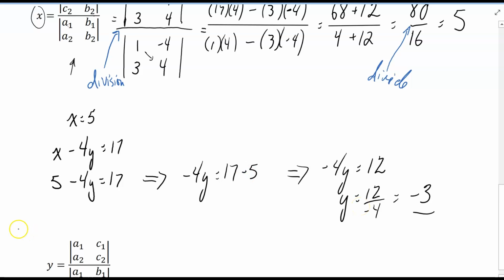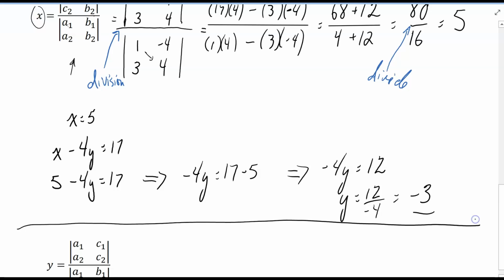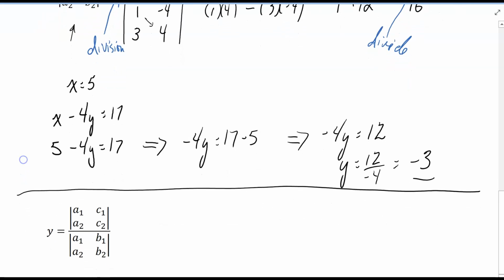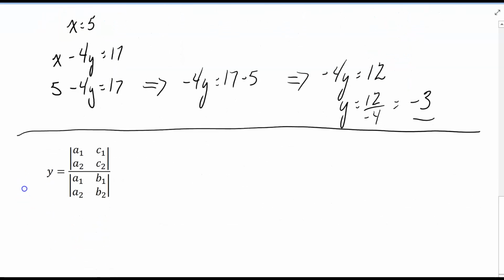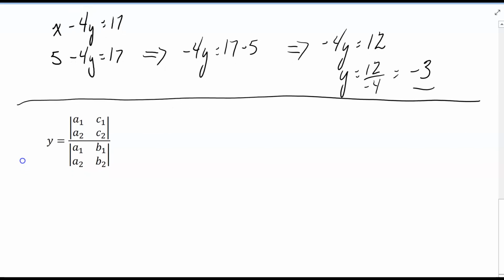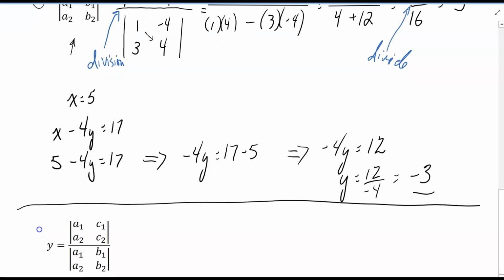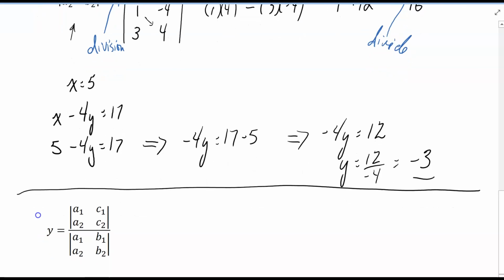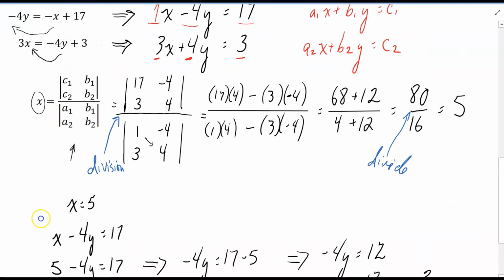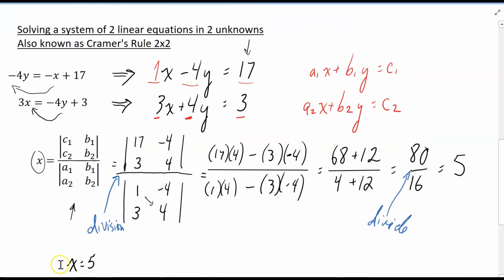But let's use this as an opportunity to practice solving for y using Cramer's rule. So I am going to give you the chance to fill in the values for the Cramer's rule for y. It's a little bit different. Let's first make sure we have our formulas so that you can see what the values are.